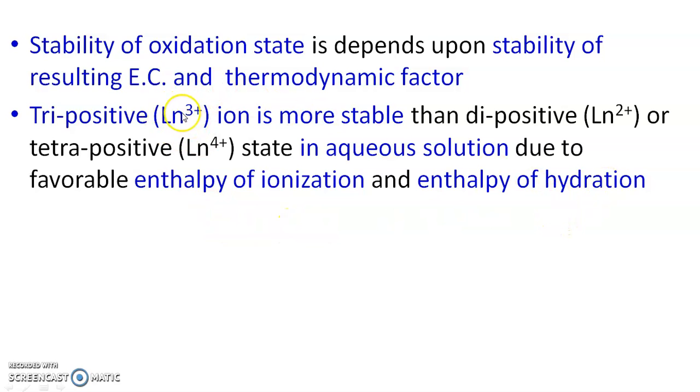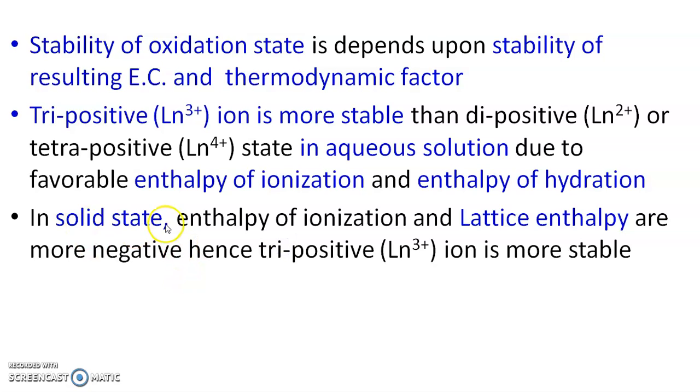It means lanthanide +3 ions are highly hydrated, and because of the high enthalpy of hydration, the +3 oxidation state is more stable in aqueous solution. Even the enthalpy of ionization is also favorable in the +3 oxidation state.